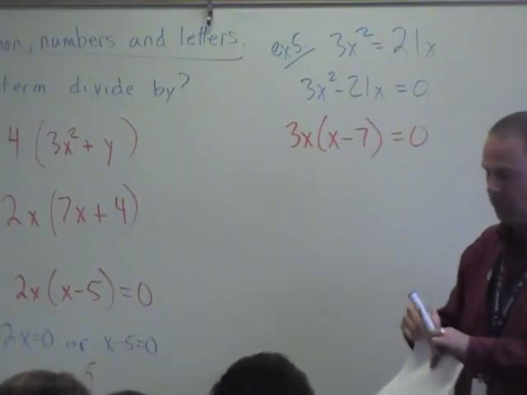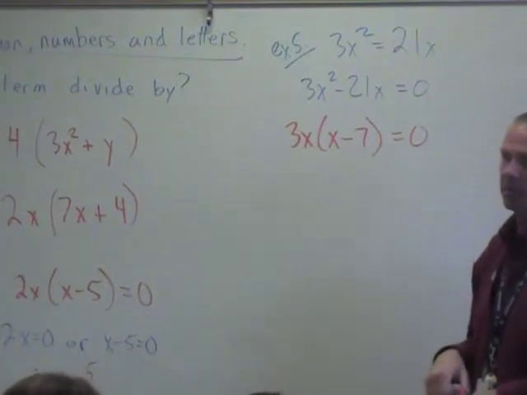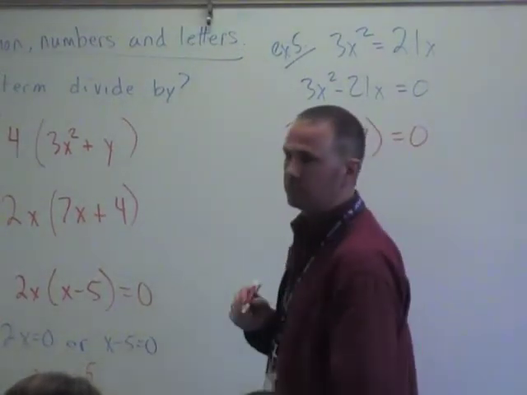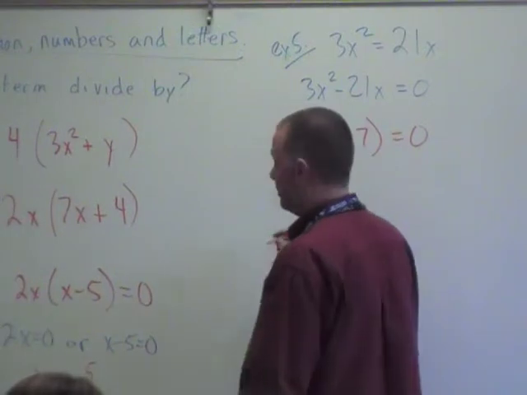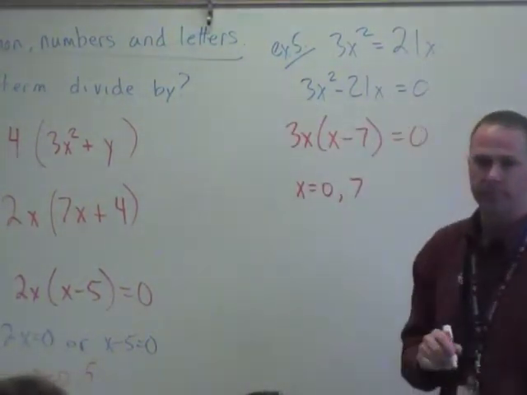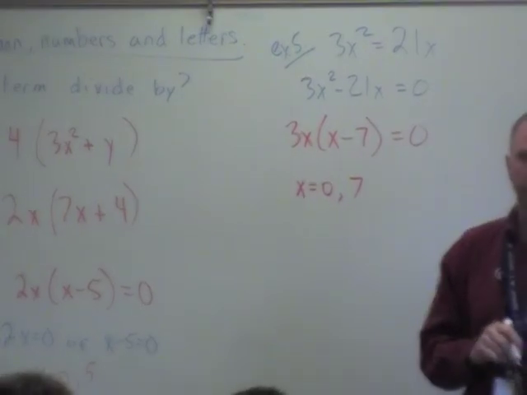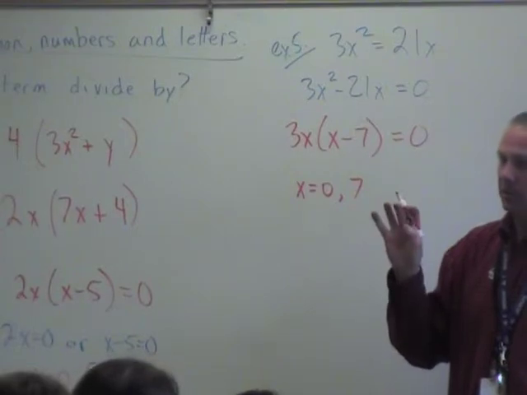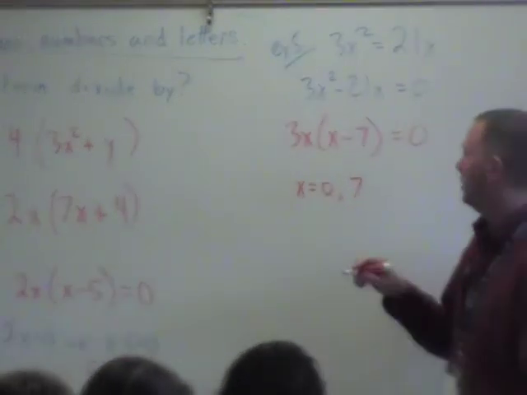Zero product rule. Either 3x equals 0 or x minus 7 equals 0. What is it? Yep, 0 and 7. Pretty simple so far.